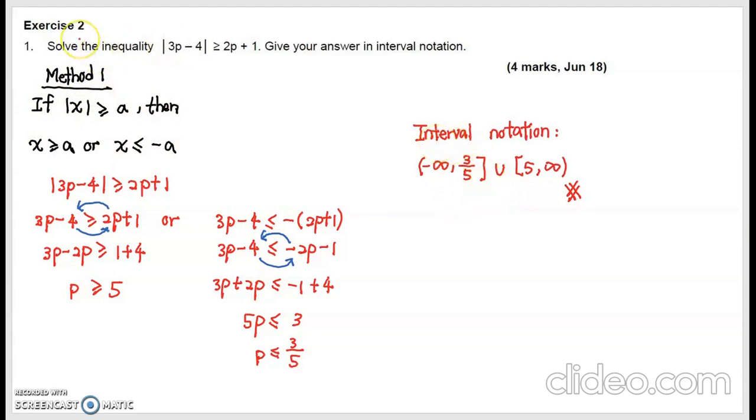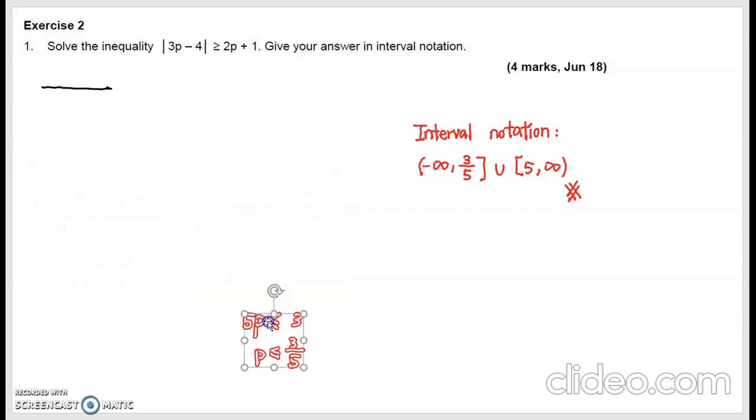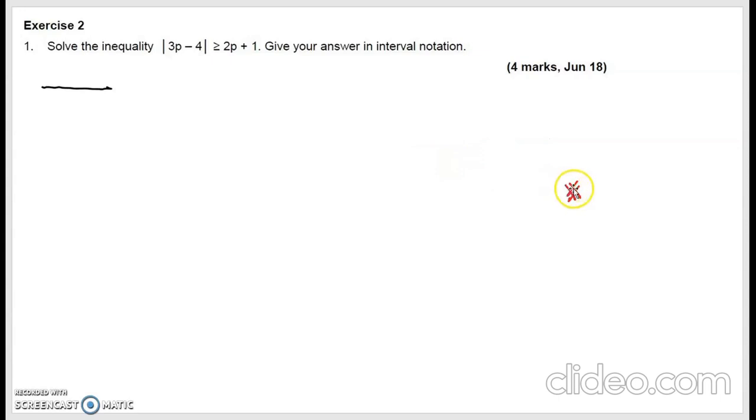Next, I will show you the second method, using the same question. Now I try to use method 2. For method 2, from modulus of x, we can change to square root of x squared.